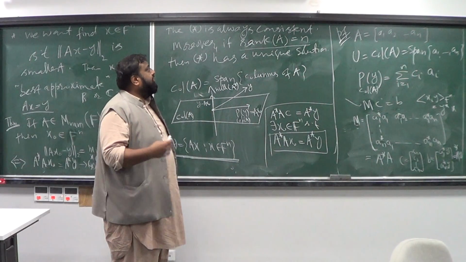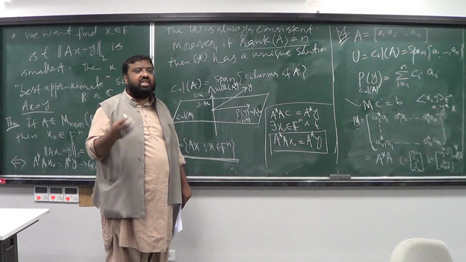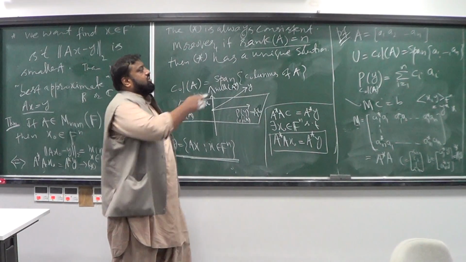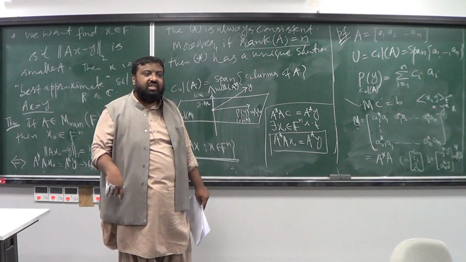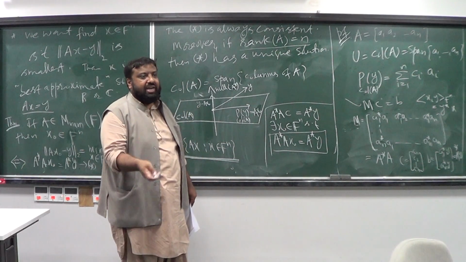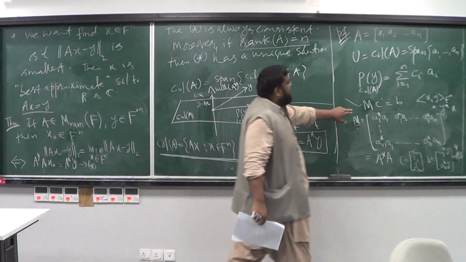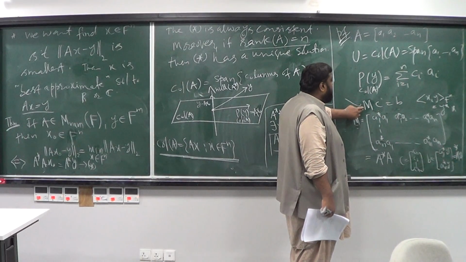So we know that if the rank of A is n, in other words, the column vectors in the matrix A are linearly independent, then this system has a unique solution.